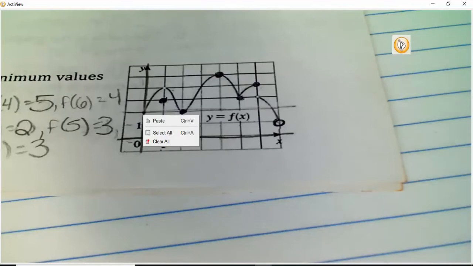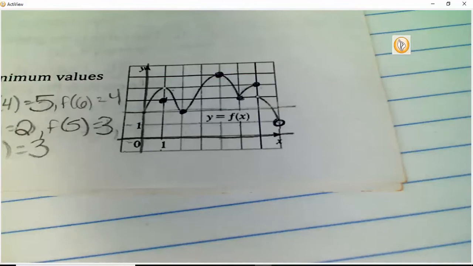The one that you guys miss a lot is this point right here. That is a local min because the points on either side of it are on the curve and they are above it, aren't they? So our first local min is at 1, 3. We have another local min at 2, 2.